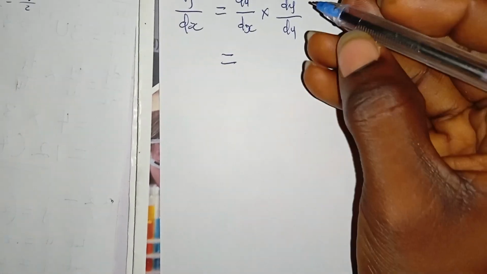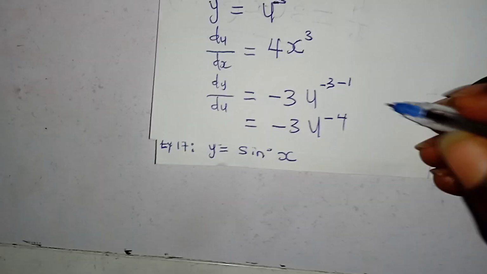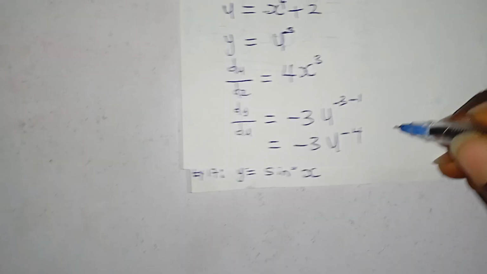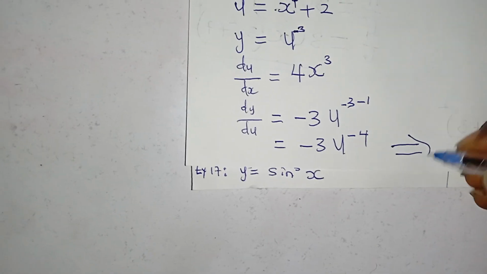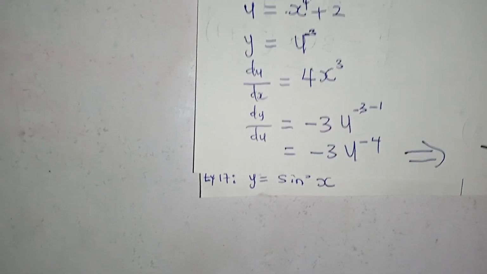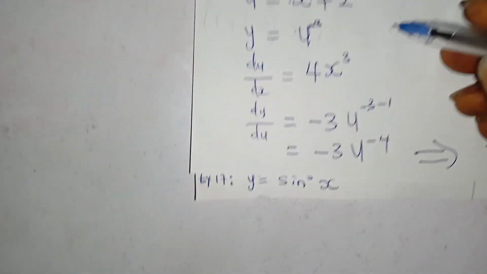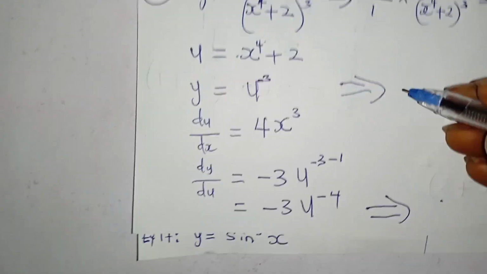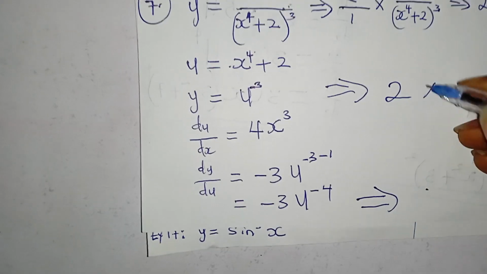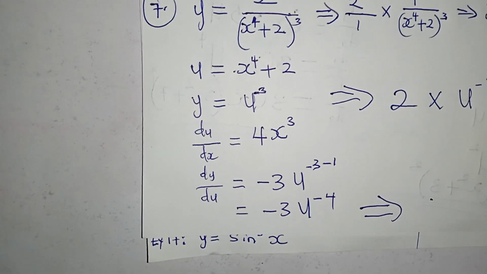So bring what you have, and in this case it simply means that our y is supposed to be everything about 2 times u raised to the power minus 3.